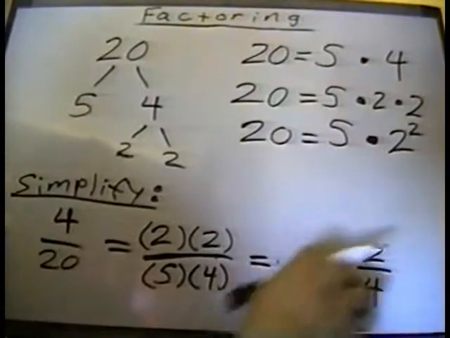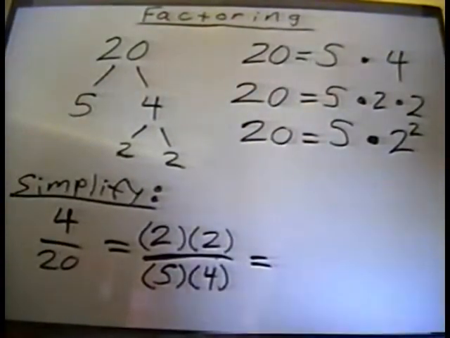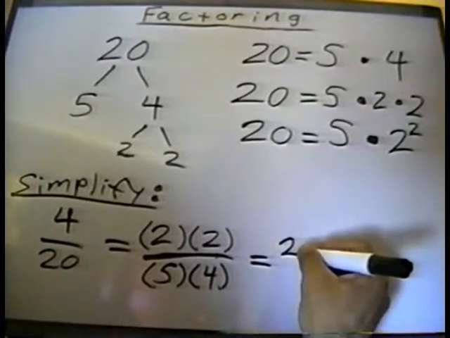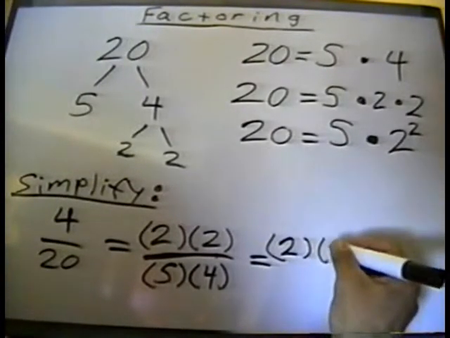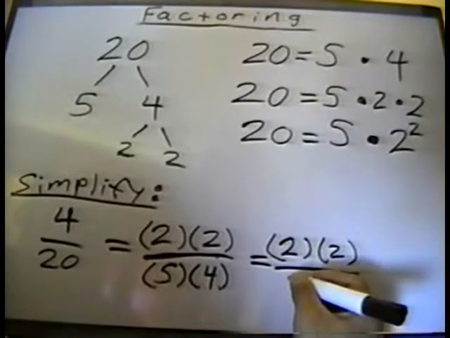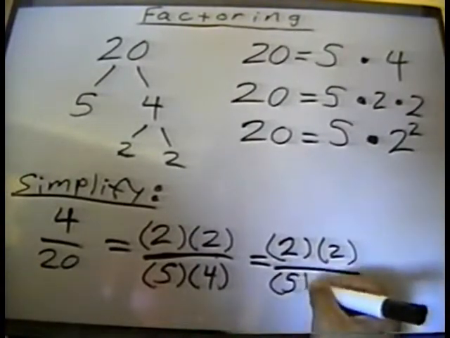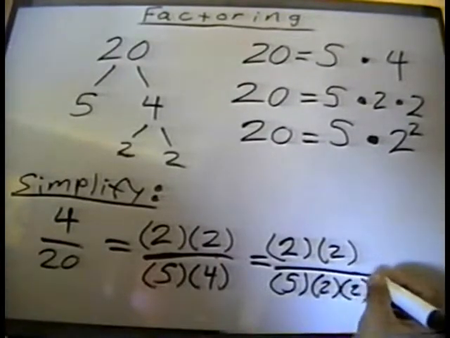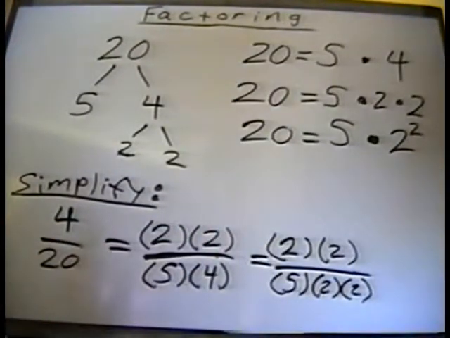You want to simplify that next 4 into 2 more 2's. So don't erase that if you wrote it, just write next to it. Again, 2 over 2 by 5 over 5 by 2 over 2.